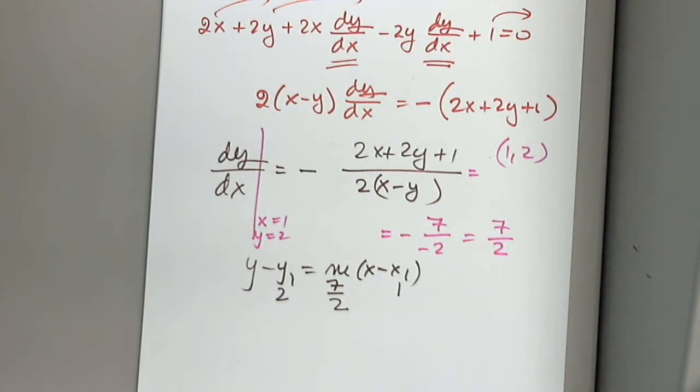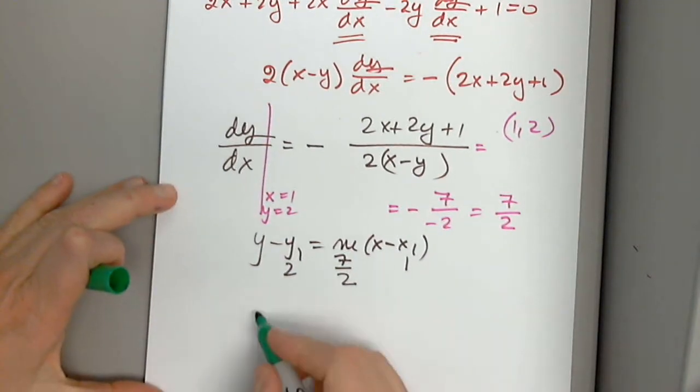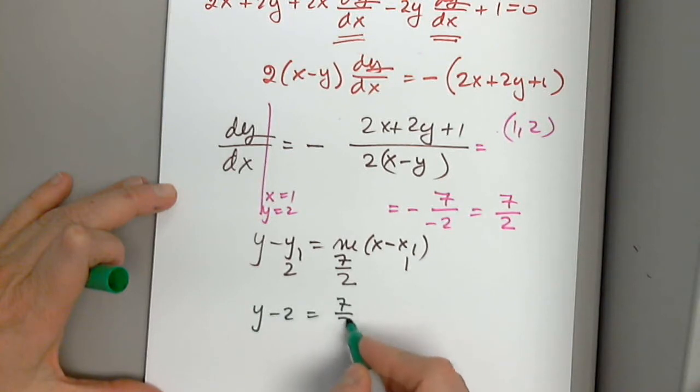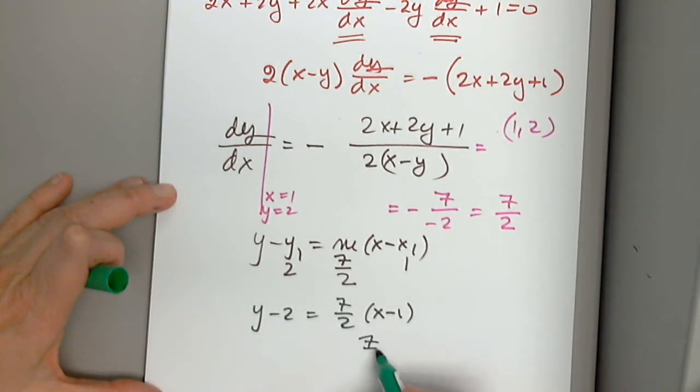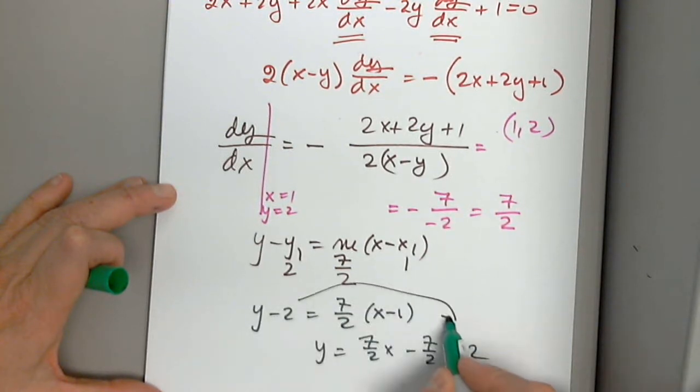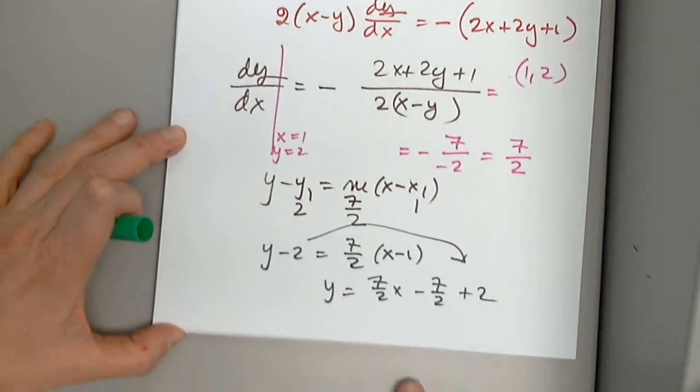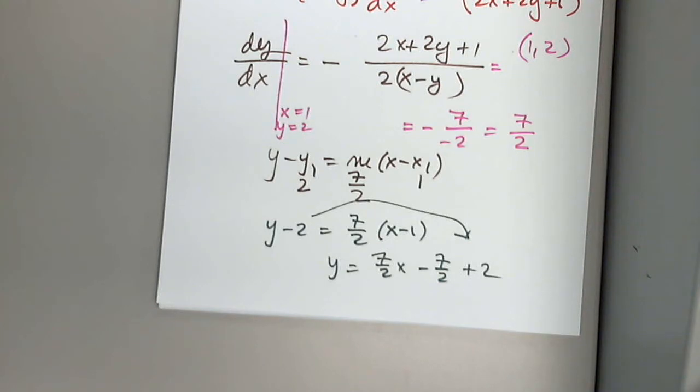All I have to do is distribute, solve for y. So y minus 2 equals 7/2 x minus 7/2. I have to move 2 to the other side. So here I have to combine, so negative 7 plus 4 is negative 3/2.